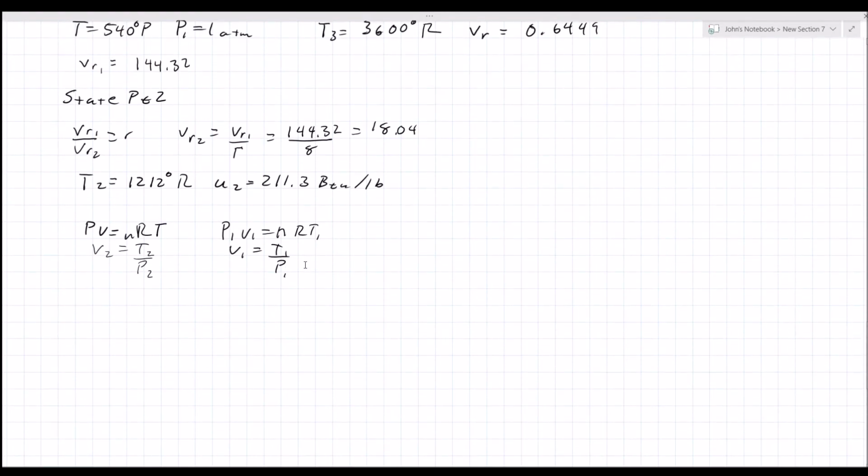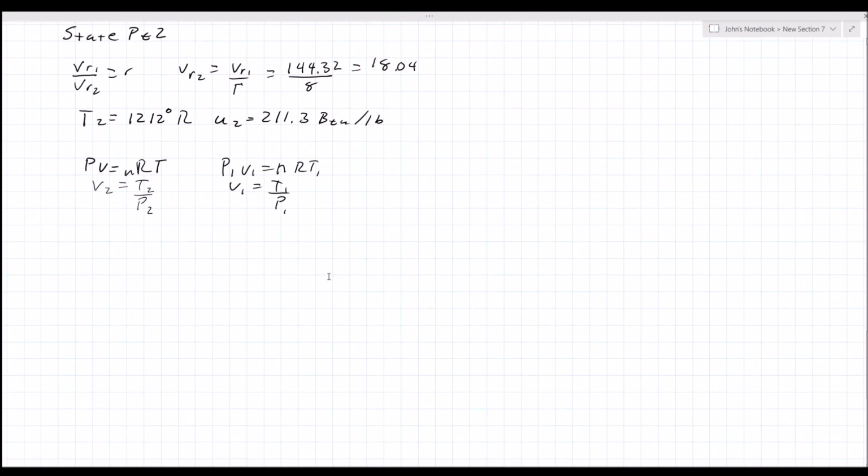So, well, remember, since this is a closed system, R is a constant, n is the amount of moles that are there, therefore, these will be the same. Therefore, P1 V1 over T1 is equal to P2 V2 over T2.